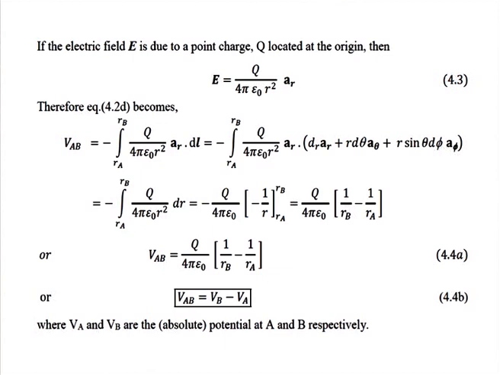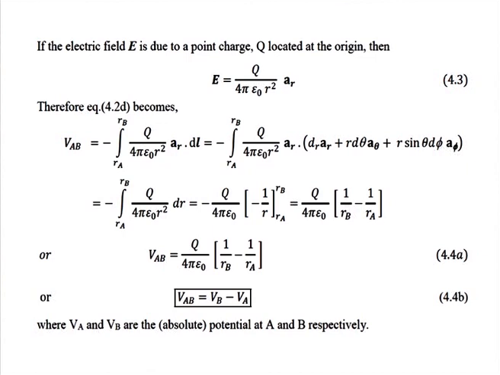Putting this value of electric field in equation 4.2d, we get VAB as shown, and it is equal to minus the integral of Q upon 4 pi epsilon naught R square aR dot dl, integration being carried out from RA to RB. Since we have taken a spherical system, the dl would be in the form of spherical displacement, which is dR aR plus R d theta a theta plus R sin theta d phi a phi.